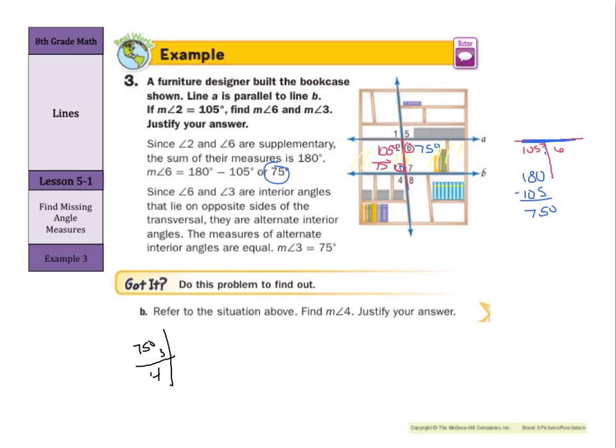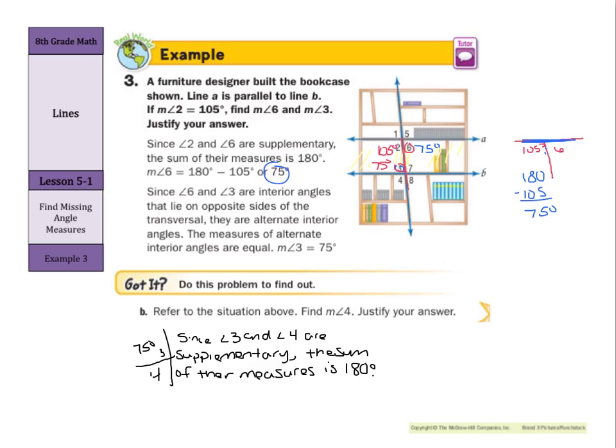So we can say, since angle 3 and angle 4 are supplementary, the sum of their measures is 180 degrees.